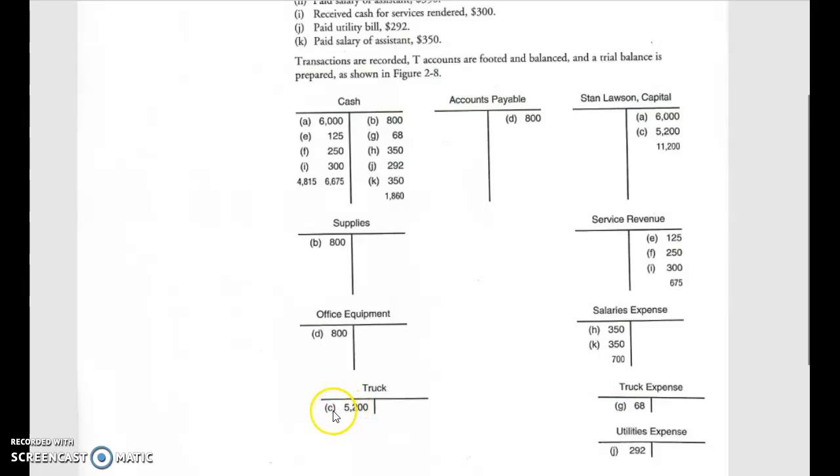We have identified it by the letter C, and also we are crediting capital because Stan Lawson put the truck, his personal truck, in the business. So that increases his owner's equity or his capital account. So we are crediting it to increase it.